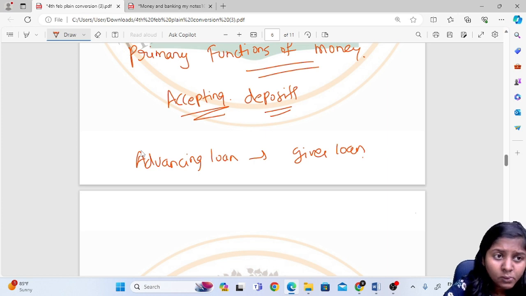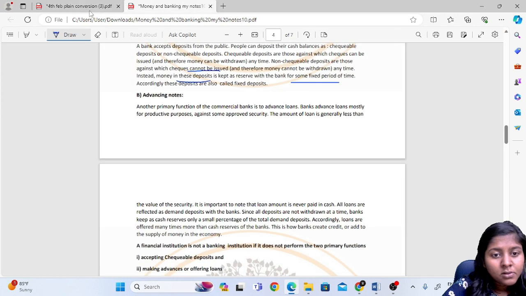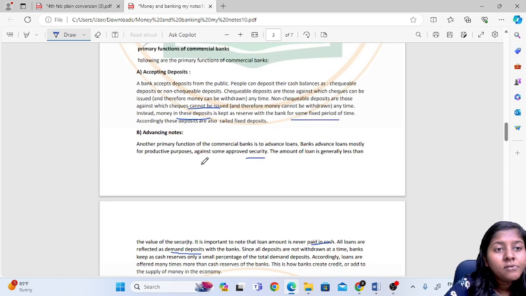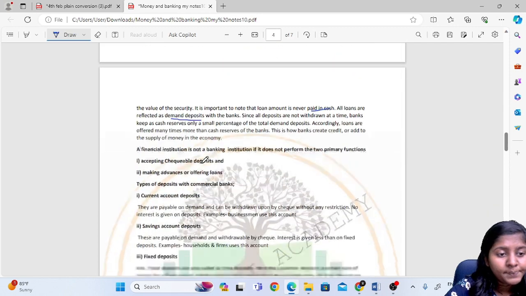Banks advance loans mostly for productive purposes against some approved security, and the amount of loan is generally less than the value of the security. It is important to note that the loan amount is never paid in cash. All the loans are reflected as demand deposits with the bank. So these are some of the functions of a commercial bank.